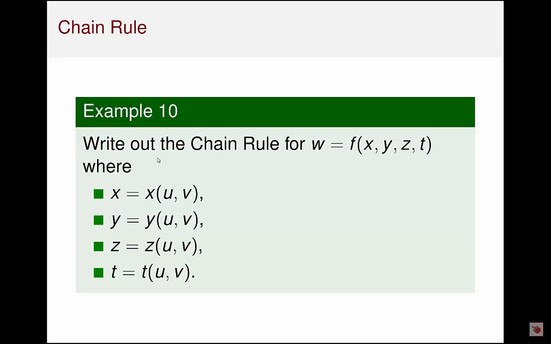For example, here we want to write down the chain rule for the following function w, which is also identified as the function f of four variables x, y, z, t, where each of these x, y, z, t is a differentiable function of variables u and v.